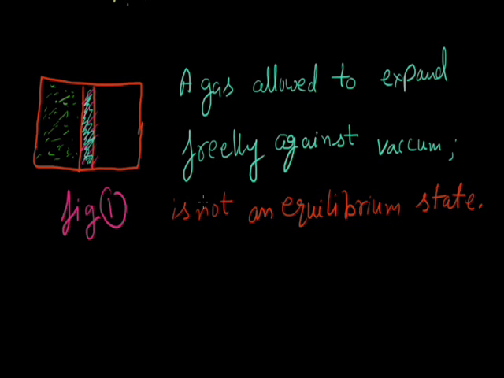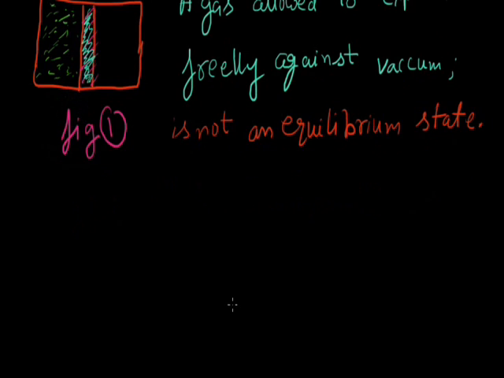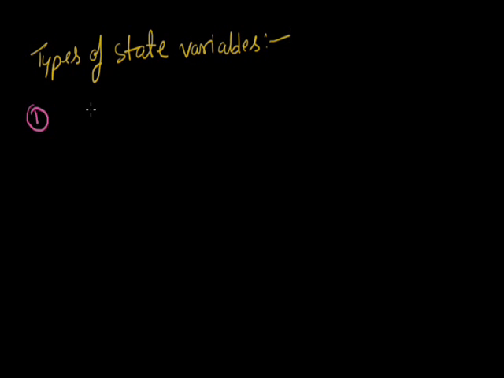To understand more deeply, first we need to understand that all these state variables are of two kinds. Okay, so we have divided state variables into two types. The first one is extensive, the second is intensive.